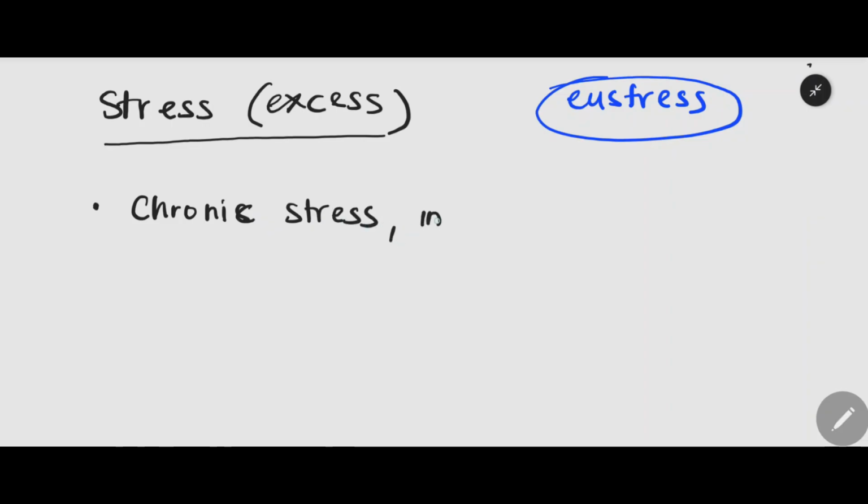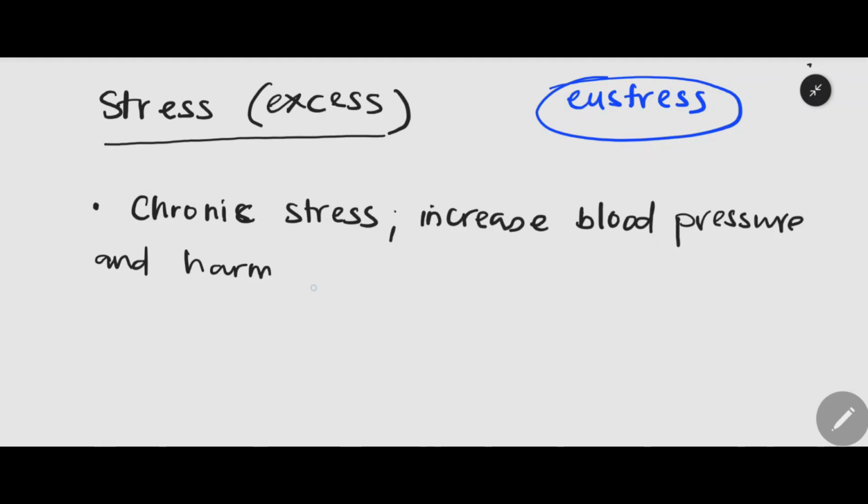which can increase blood pressure and harm mental well-being, which could lead to worse sleep and worse diet choices, because sometimes when you're stressed, you eat more, you don't socialize as much, and it can just lead to a domino effect of negative lifestyle choices.